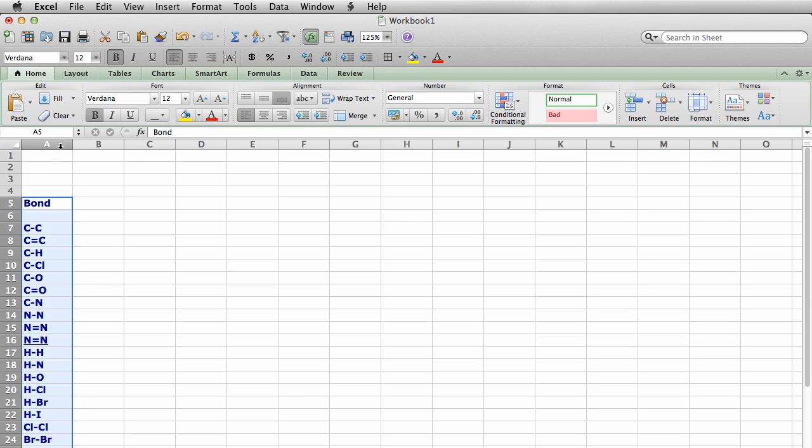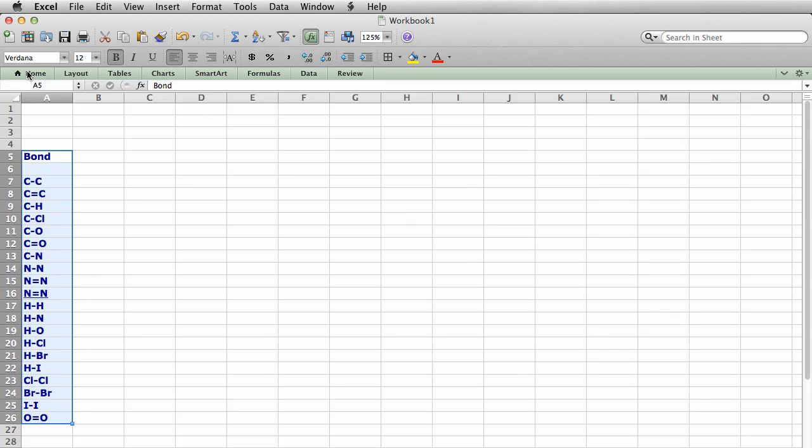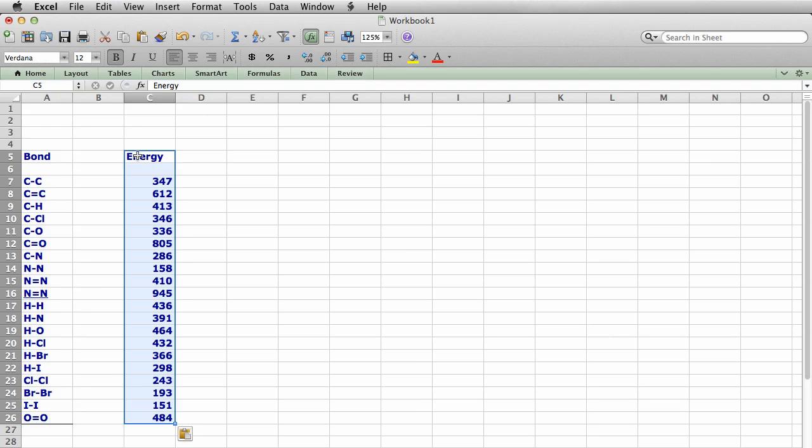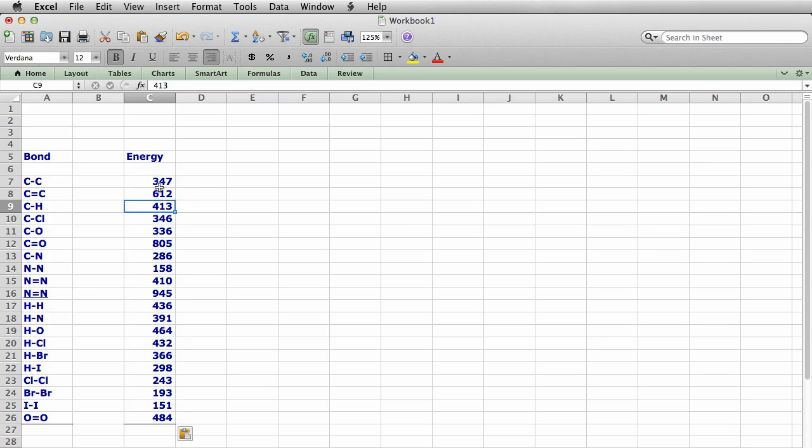And I'm going to close the ribbon here so I can see all of my table a little bit more precisely. Now, if I know the energy of those bonds, which I will just put here in the next column, or actually one more column over, I can see that to break a carbon-carbon bond is going to cost me 347 kilojoules per mole.